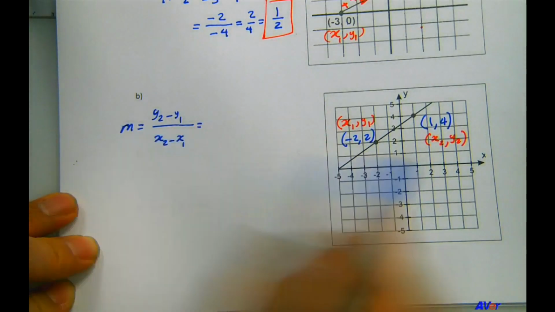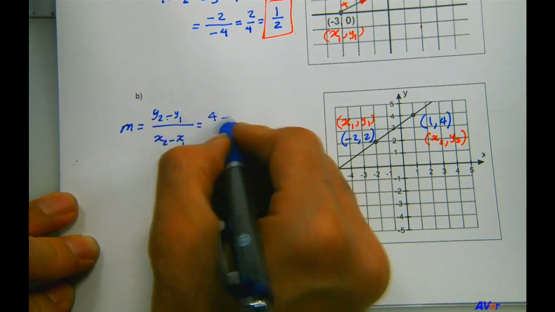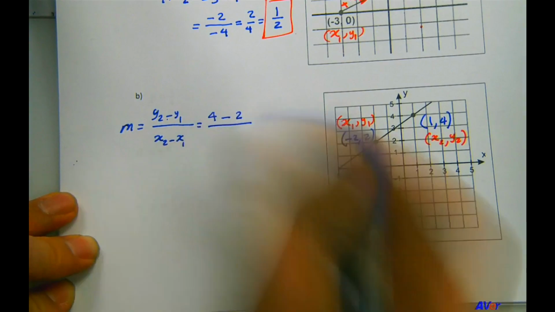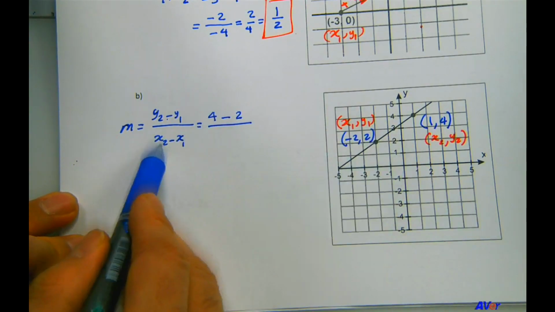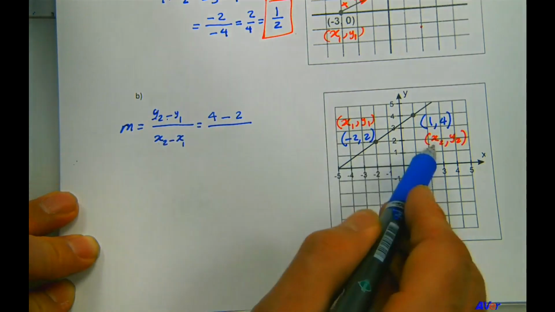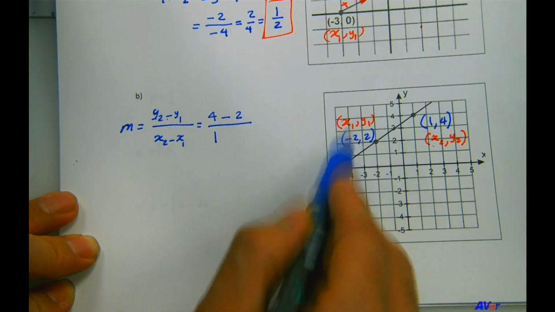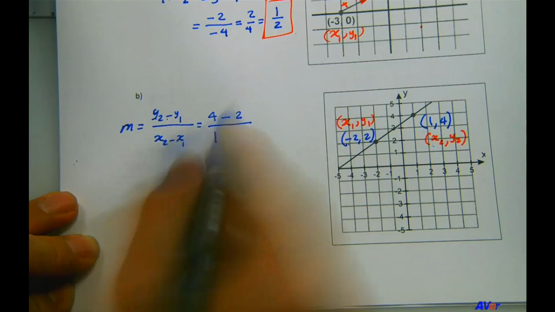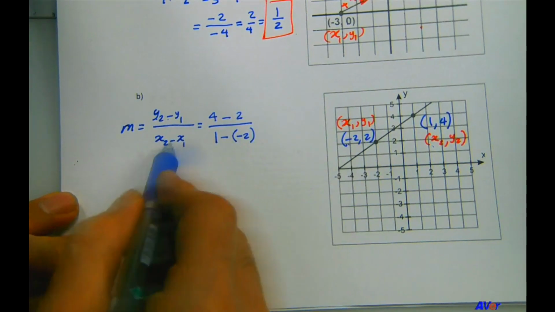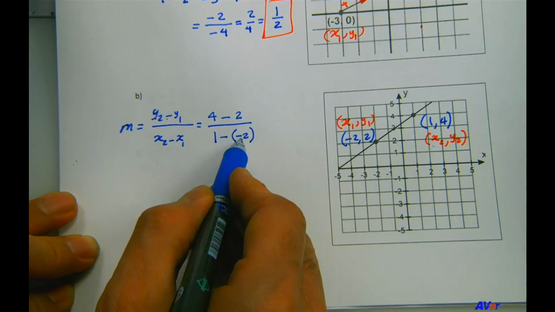Okay, y2 in this case is 4 minus y1 is 2, divided by x2, right? We did y2 minus y1, so now we should do x2 minus x1. x2 is equal to 1, and x1 is equal to -2. So minus, that minus is that minus. And x1 is -2, so that's -2.